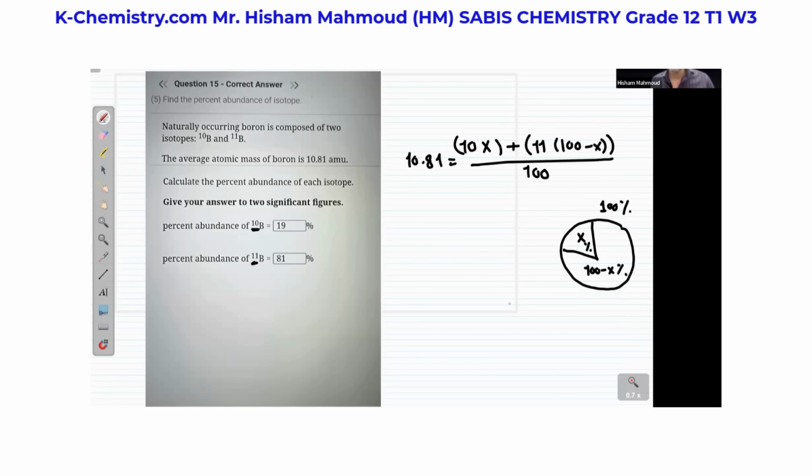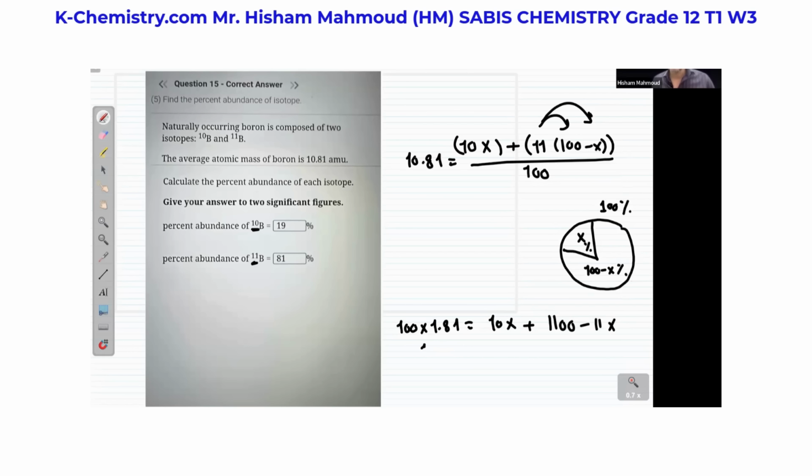I don't need to tell you what happens later, but if you are interested, 100 multiplied by 10.81 is equal to 10x, and distribute this like a good math student. So plus 100 multiplied by 11 is 1100, and then minus 11x. If you are good at math, you will do this better than me.